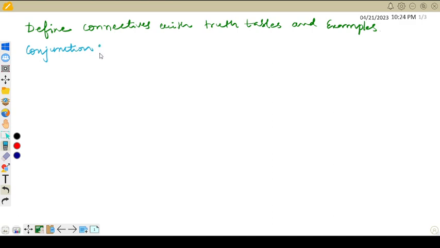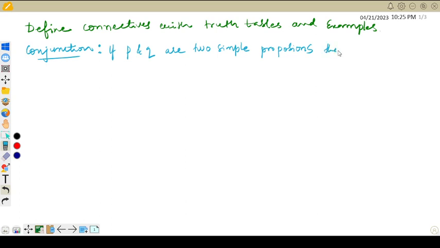So what is conjunction? It's very simple. Let us take small p and small q as two simple propositions. So what is a proposition? A proposition is a statement, or a mathematical statement, which may be either true or false. So p and q are two simple propositions.